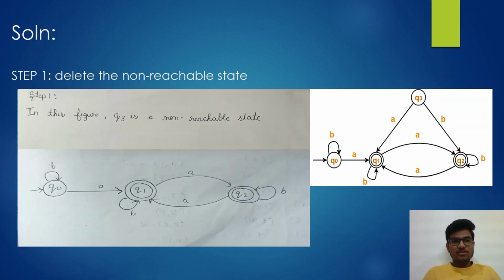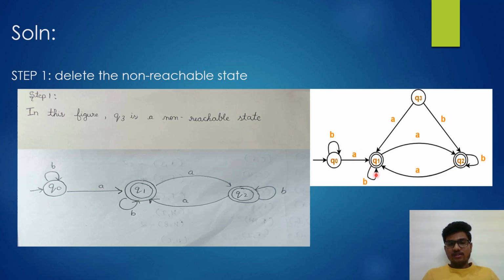We see the solution of the given figure now. In step 1, we remove all the non-reachable states present in the given figure. As we can see, Q0 on A goes to Q1. In the same way, Q1 on A goes to Q2 and Q2 on A goes to Q1.